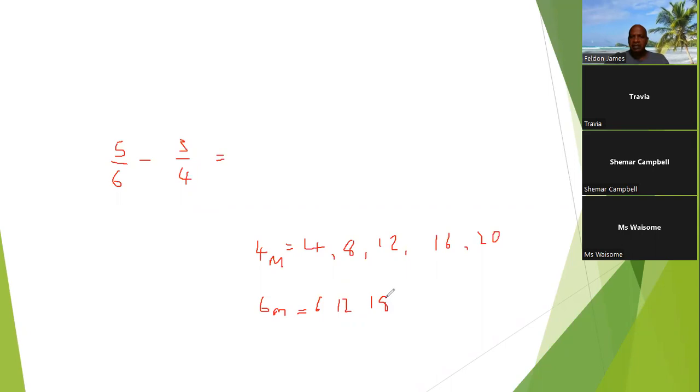Yes, 6 can go into 30. Give me another multiple for 4. 36, sir. For 4? Oh, 24.